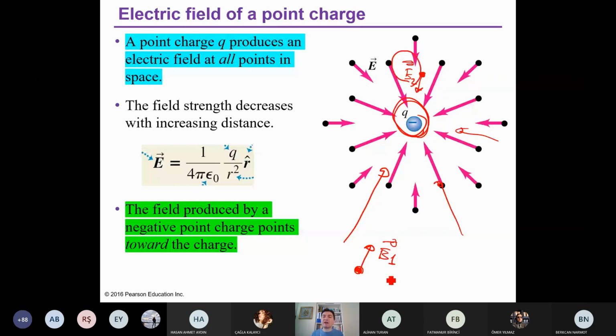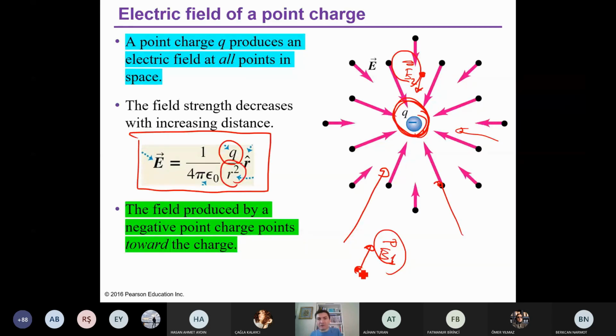Of course, they are completely different in magnitude, because the electric field produced by this point charge depends on the charge of the source. Okay, the charge of the source is a constant Q, but what about the distance from the source? The distance from this point to the source is R1, but for this point, the distance to the charge is given by R2.